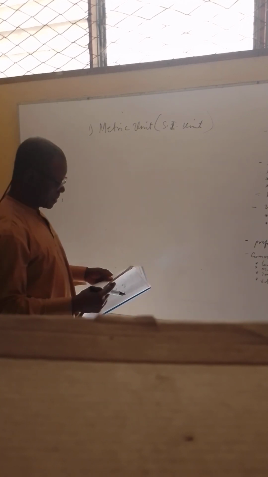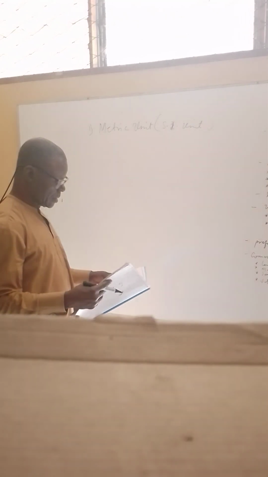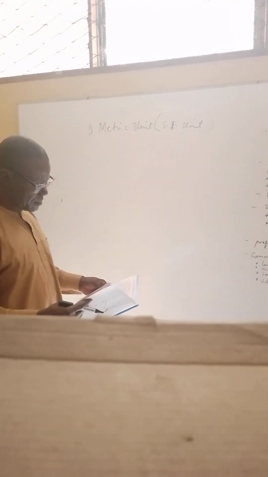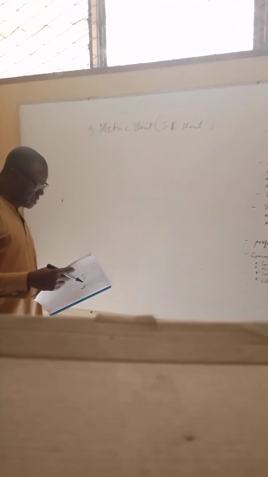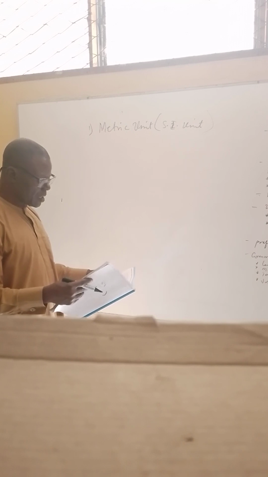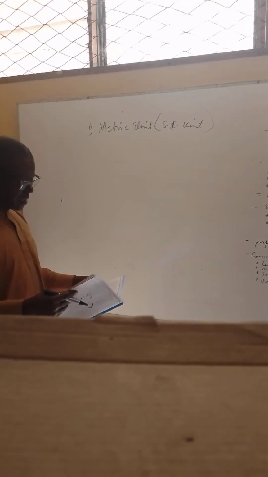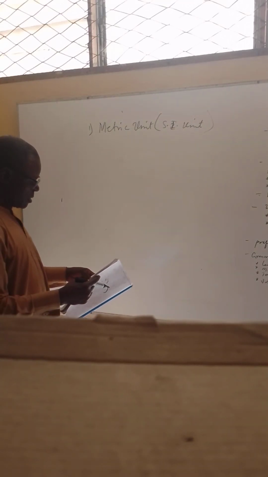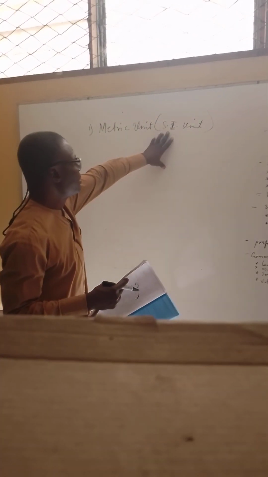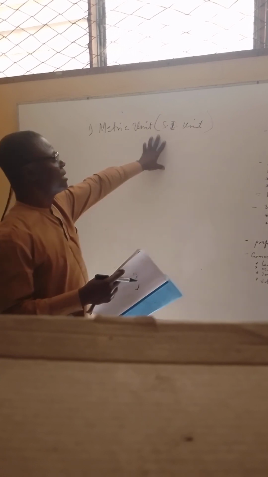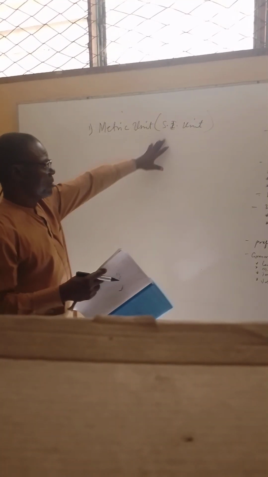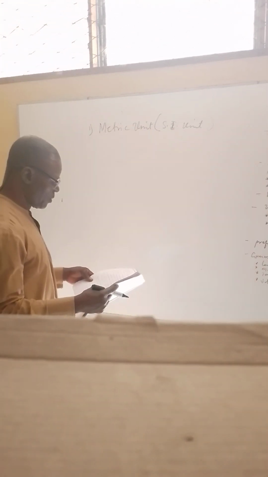We call it MKS, where it deals with mass in kilograms, distance in meters, and time measurement in seconds. SI is simply an abbreviation for System International, or International System of units of measurement.